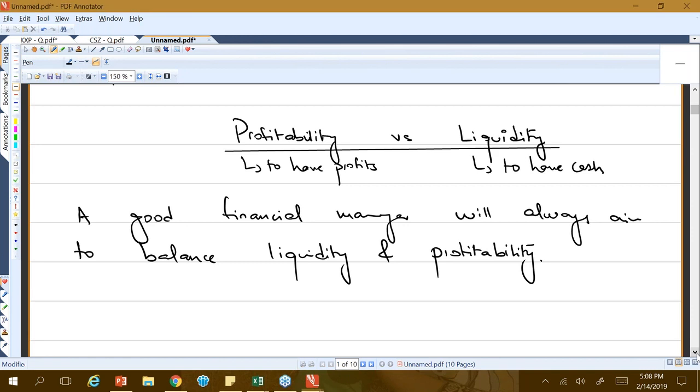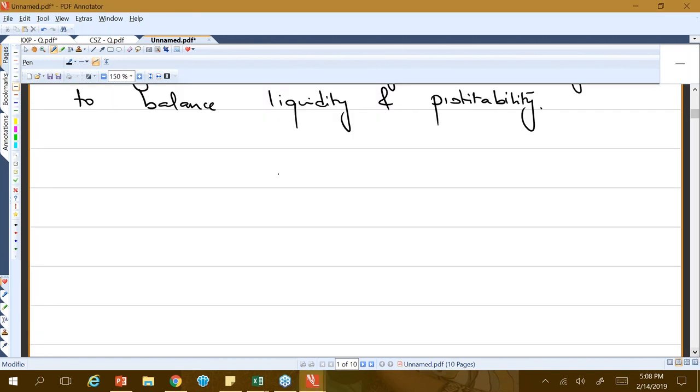Now, let's jump into something to do with cash. We're going to see the cash operating cycle, or sometimes it is also called the cash conversion cycle.